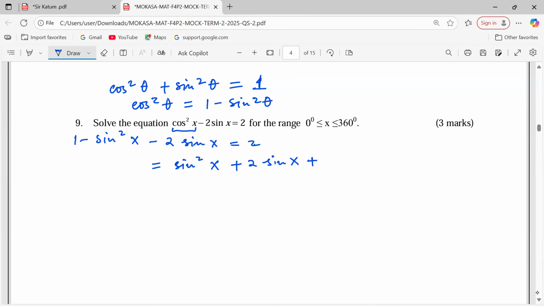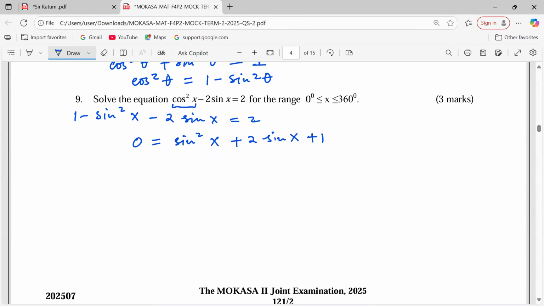So it will be plus 1. 2 minus 1 is 1. Then we are remaining with a 0 here. This is a quadratic equation, ladies and gentlemen, or rather, we can let the sine of x be another unknown, say t, so that we have t squared plus 2t plus 1 equals 0.